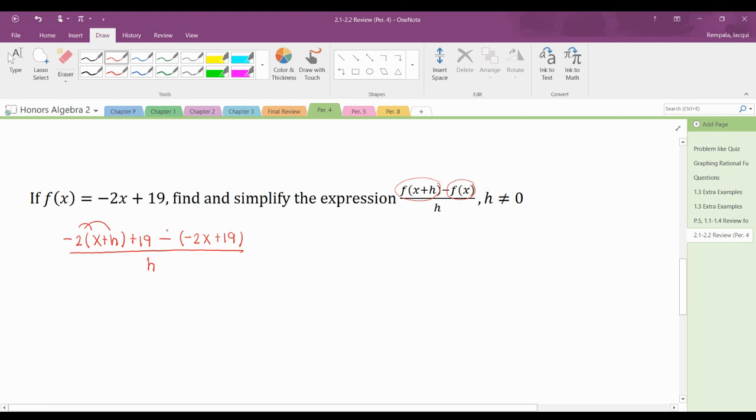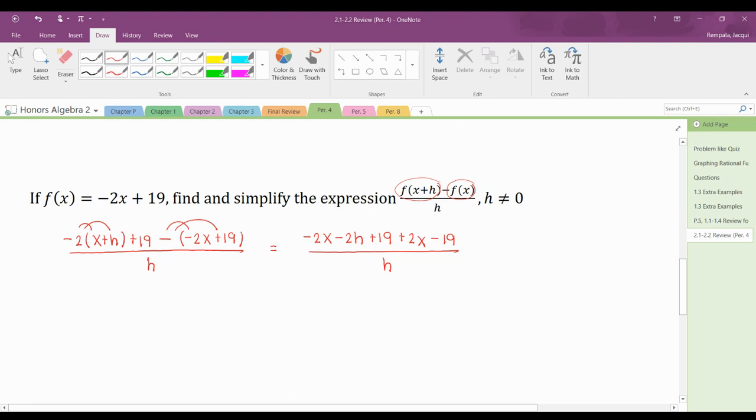So I'm going to distribute not once, but then over here, I have to distribute that negative. So we'll end up with -2x minus 2h plus 19. And then a negative times a negative would make that a positive 2x minus 19. And this whole thing is all over h.